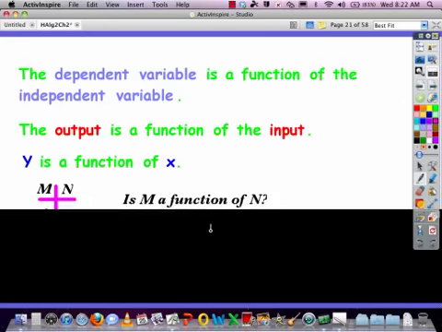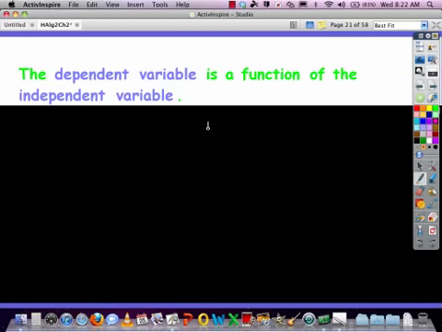So once you have down whether something's a function or not, we'd like to add some of our other vocabulary we've been using. So we said before, the first value is paired with exactly one value of the second, and we've already interchanged that to mean the x is paired with exactly one value of the y. Now we could say it as the dependent variable is a function of the independent variable.